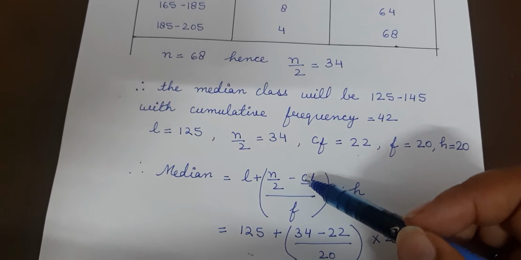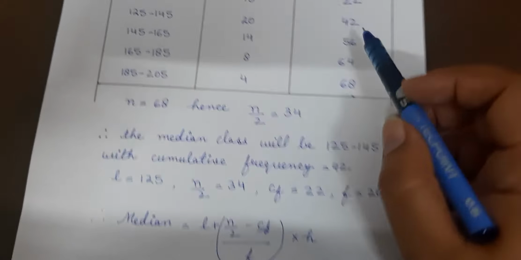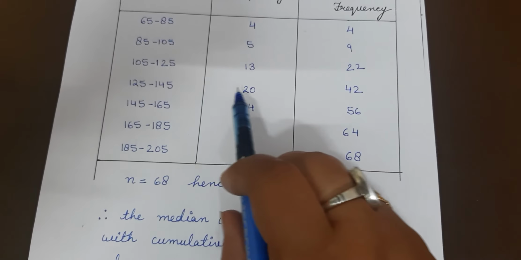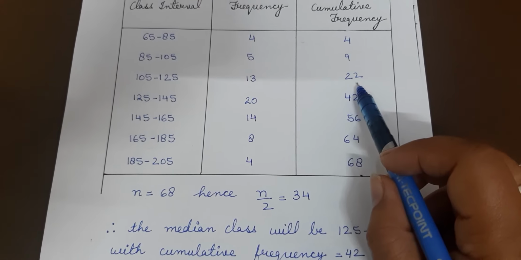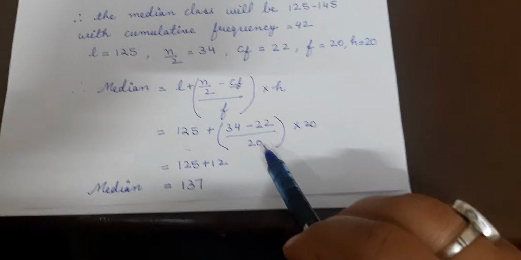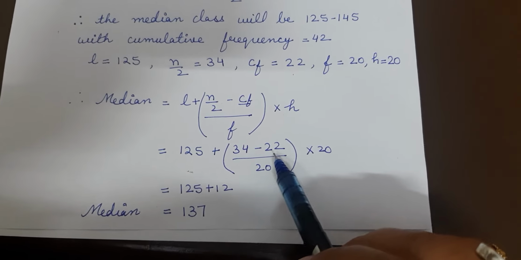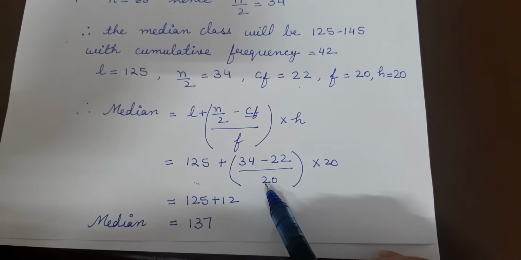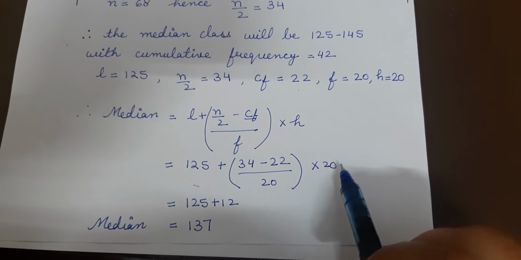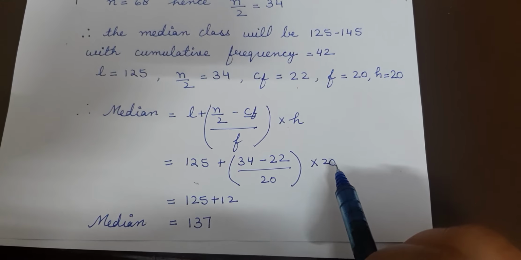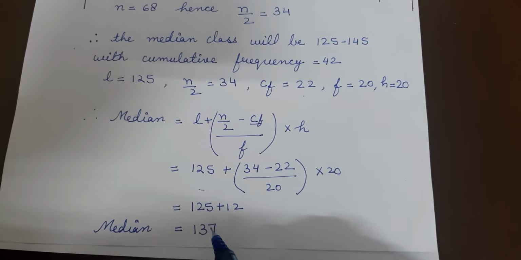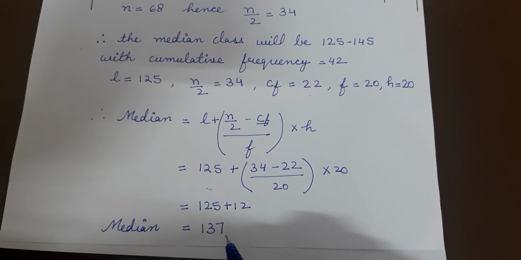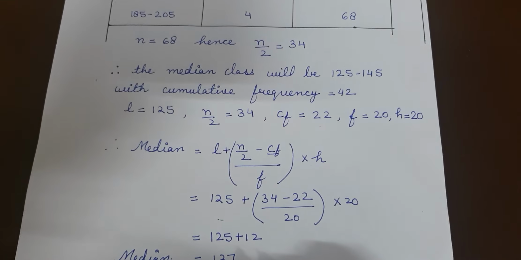The cumulative frequency of the preceding class is 22, so we put the value of Cf. Our frequency is 20, and our class width is also 20, as we discussed earlier. Just calculating and solving, we get the value of median is equal to 137.